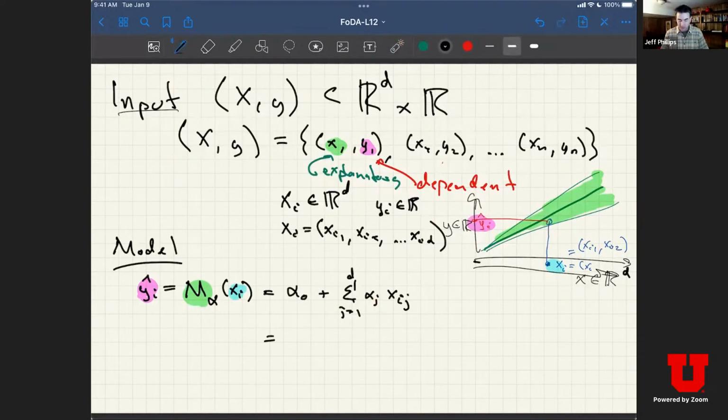I can also write this out without the sum: alpha 0 plus alpha 1 xi1 plus alpha 2 xi2 plus ... plus alpha d xid, right?